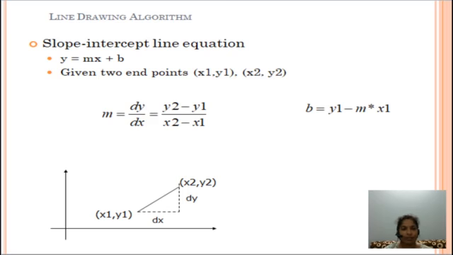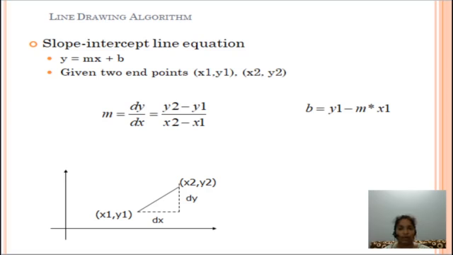The equation of a line is y is equal to mx plus p. Slope-intercept line equation is y is equal to mx plus p, where m is the slope of the line and p is the y-intercept.